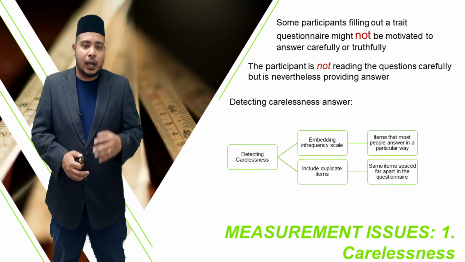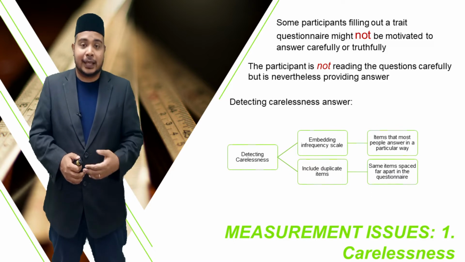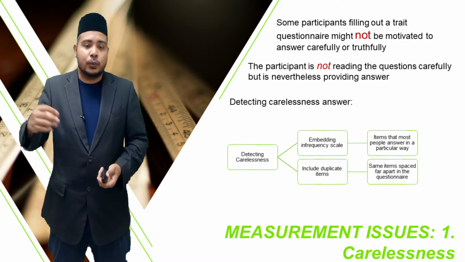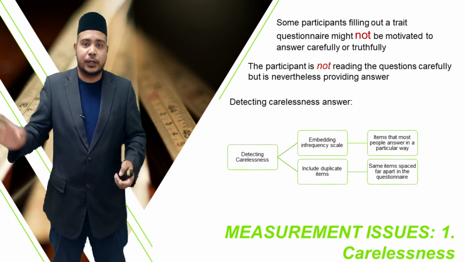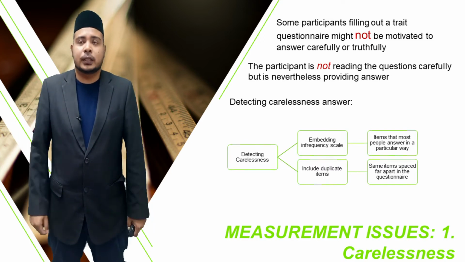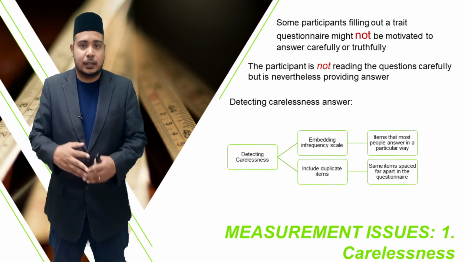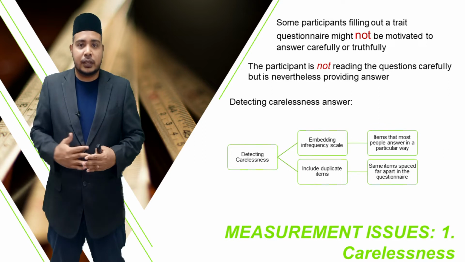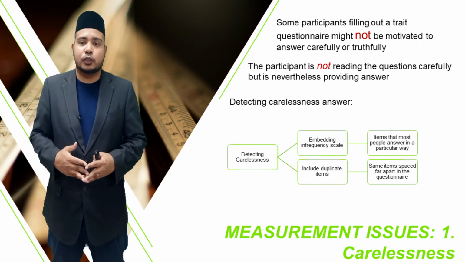So in brief, how can we detect careless answers in our research? Say for example you are doing research about agreeableness. You want to know the levels of agreeableness among university students.